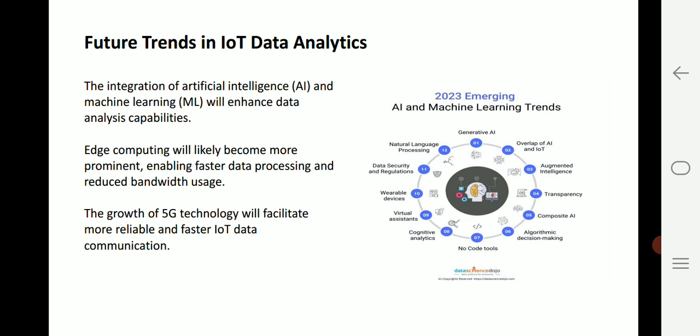Increased capability means more applications will happen. Edge computing will likely become more permanent, enabling faster data processing and reduced bandwidth usage. The growth of 5G technology will facilitate more reliable and faster IoT data communication. This picture shows the AI ML trends.